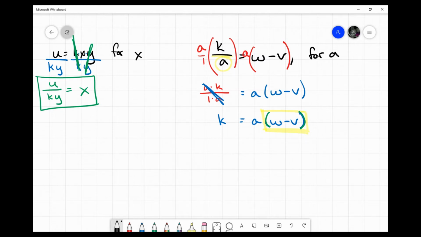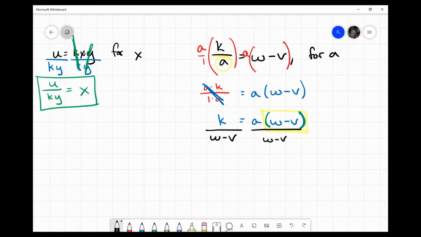Instead of multiplying a to the w minus v, I'm going to divide by the w minus v. If I divide by w minus v on the right, I need to divide by w minus v on the left. That is the division property of equality.